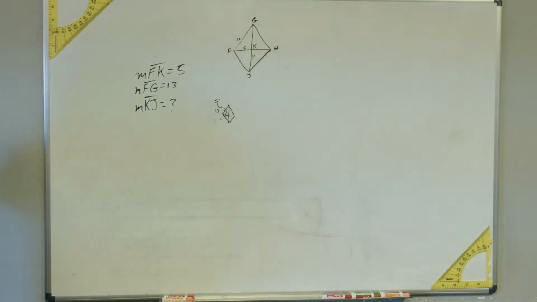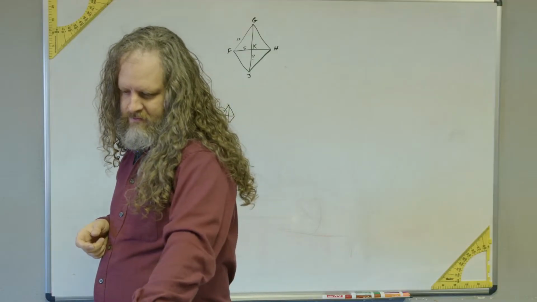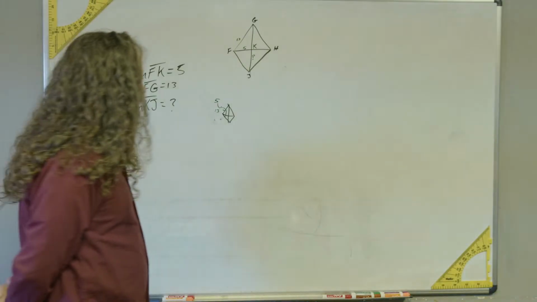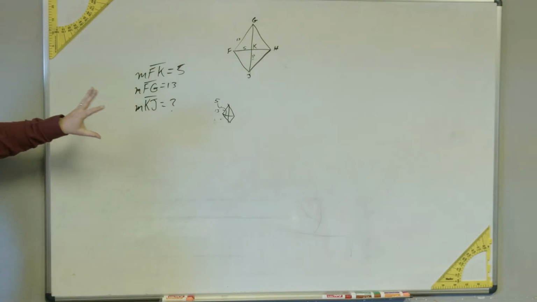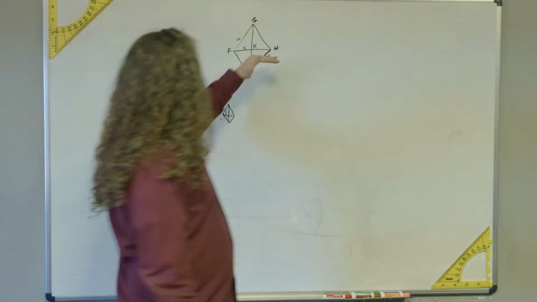So what useful pieces of information do we have for this problem? We've got triangles, we've got a rhombus. The useful thing to keep in mind is that a rhombus is also a parallelogram, so it has all the properties of a parallelogram. We've got diagonals and we've got sides.